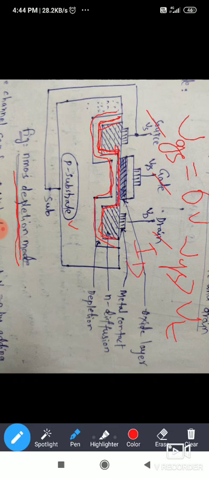Here current flows from drain to source and electrons flow from source to drain. Electron flow and current flow are reverse. This is depletion and diffusion. Here metal contact, you can also call it an ohmic contact. This is the oxide layer.